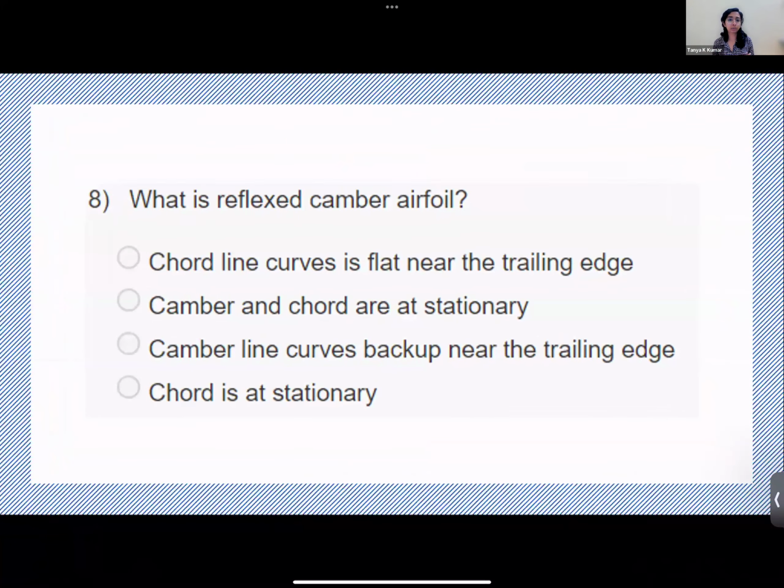We've done this multiple times. What is a reflex cambered airfoil? It's a camber line that curves back up near the trailing edge, right? And what is the use of this? Why did we have to come up with this reflex cambered airfoil? We've discussed this several times.